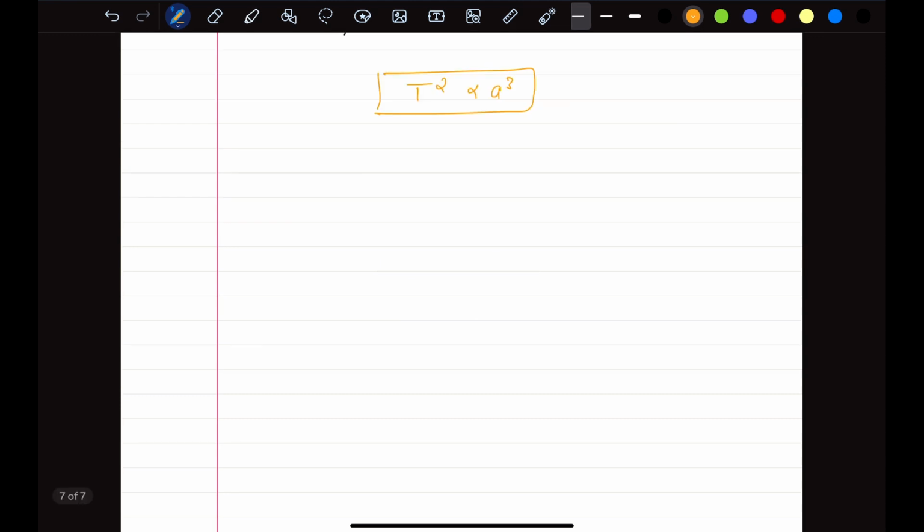If we use Newton's law of gravitation, we need to assume the path of the planet as a circular path. So I am assuming that the planet is moving in a circular path, because we assume the planet is only affected by the gravitational field of the sun. But practically there will be other planets and their gravitational fields, and because of that the path will change.